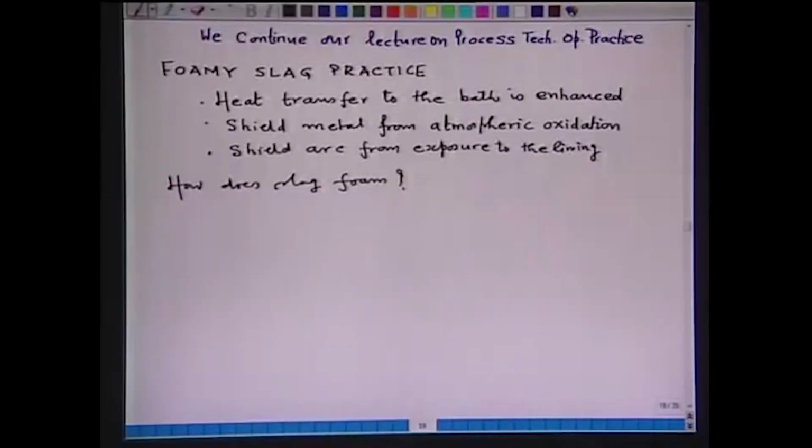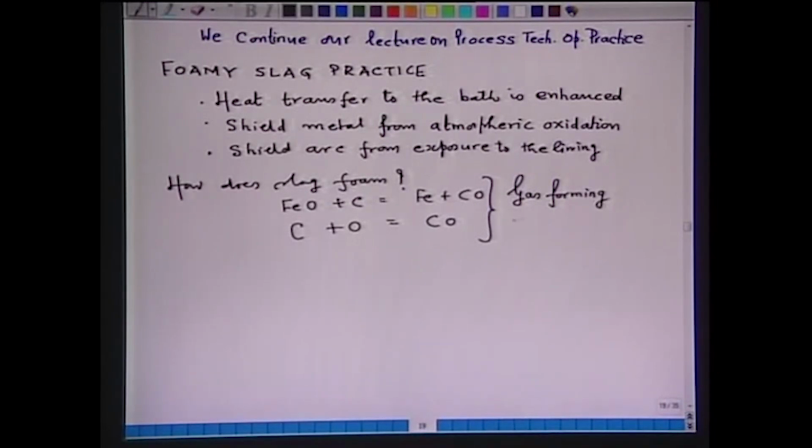So, the gas forming reaction is FeO plus C equal to Fe plus CO, or C plus O equal to CO. These are the gas forming reactions in carbon steel making.